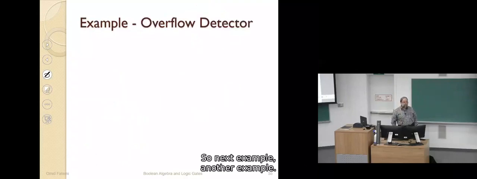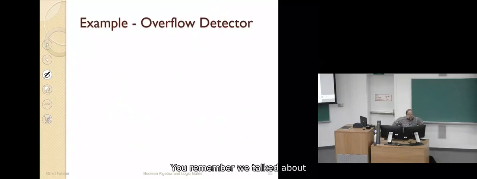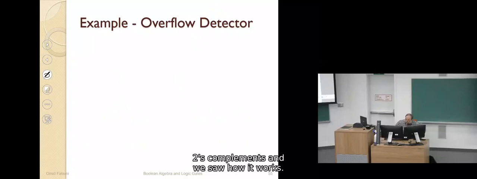So next example, another example. You remember we talked about 2's complement, and we saw how it works when adding two numbers. The numbers could be positive, could be negative, and based on the value of the numbers, they might get overflow.